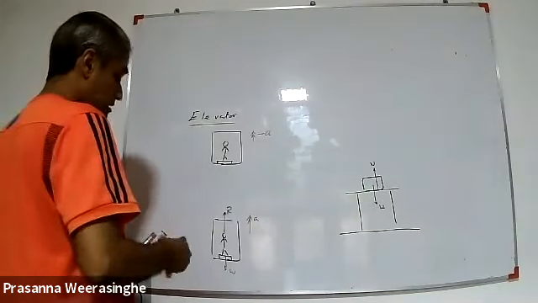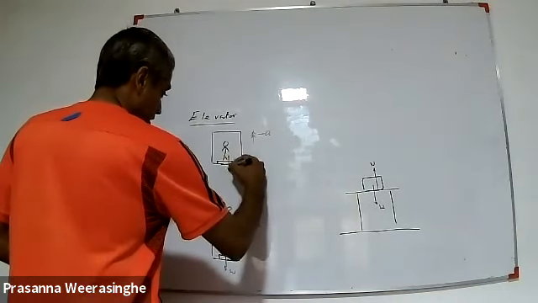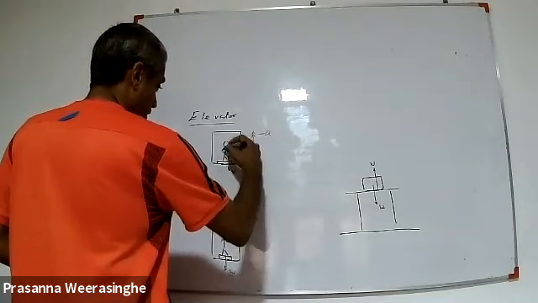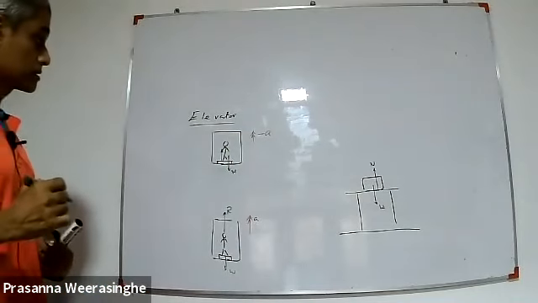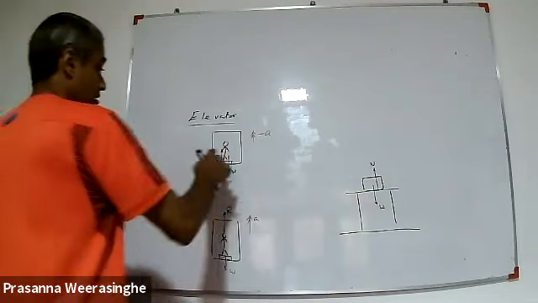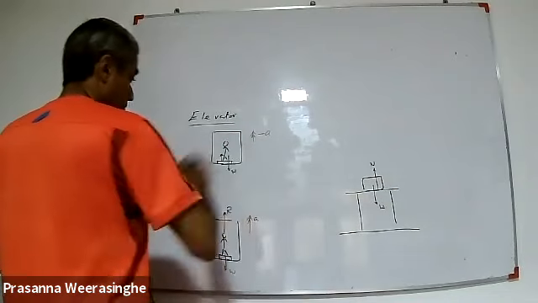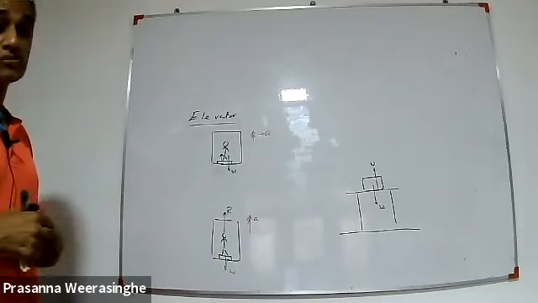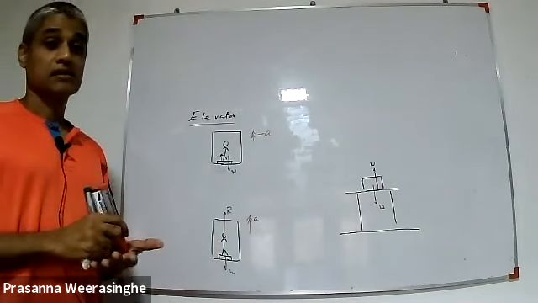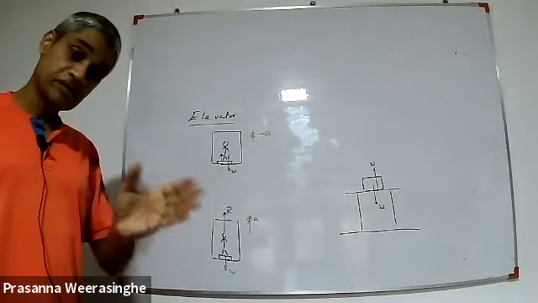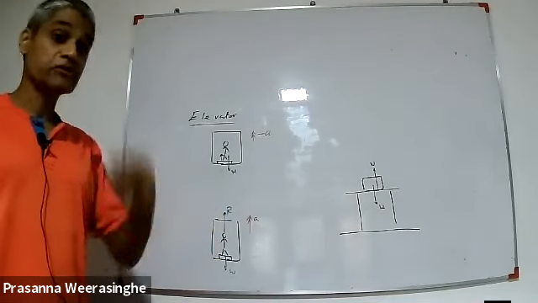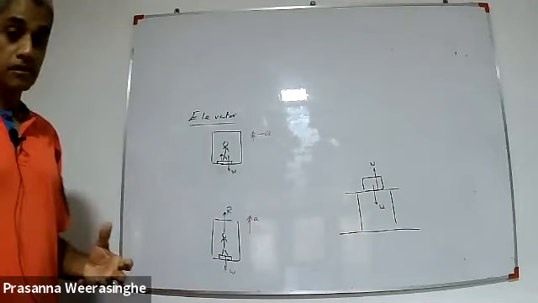The weight is there. Let me just show the weight here, and the normal contact force has to be less. The normal contact force has to be less. And that's why on the weighing scale, you see a lower, smaller value, and you also feel lighter.